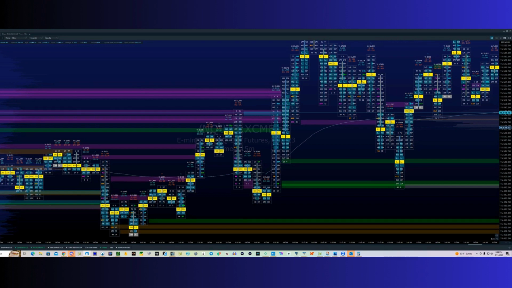Keith, when I'm looking at these, I don't really care or factor if it's a bullish or bearish candle. The only thing that I'm factoring are price imbalances, right? For the most part, unfinished auctions, right?